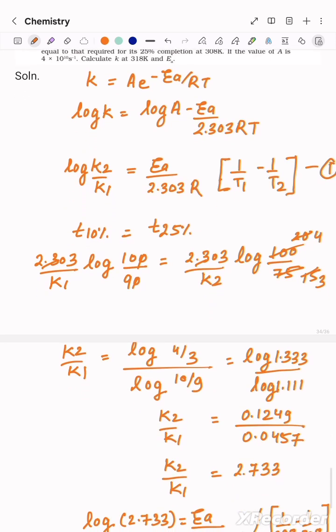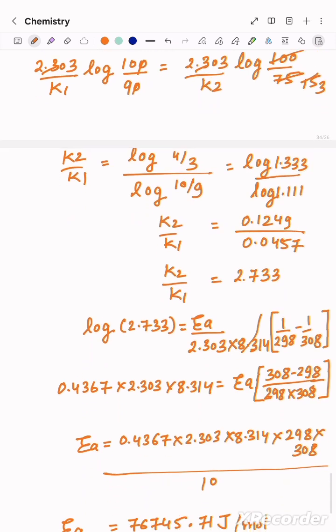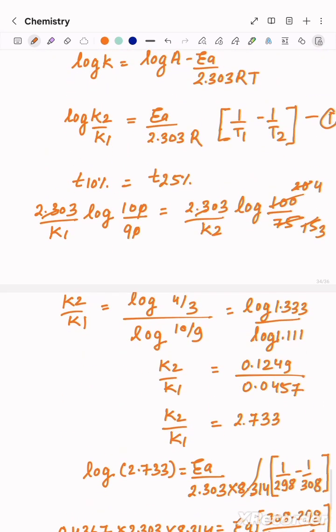First you write the Arrhenius equation, and then you have to calculate the EA value from the Arrhenius equation. Here log k2 by k1 is not given, so from the time we calculate the k2 by k1 value, then putting this value in this equation to calculate EA value.